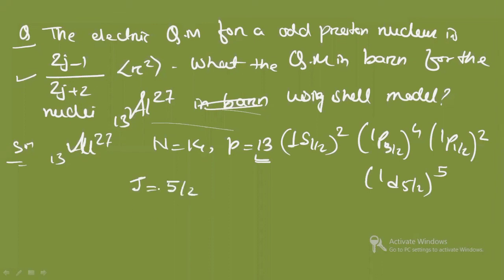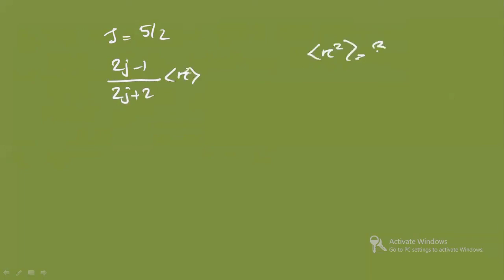This is the formula given to you. J is equal to 5/2. The formula is (2J minus 1)/(2J plus 2) times R square. We know R square is equal to 3/5 R naught A to the power 1/3, where R is the nuclear radius.